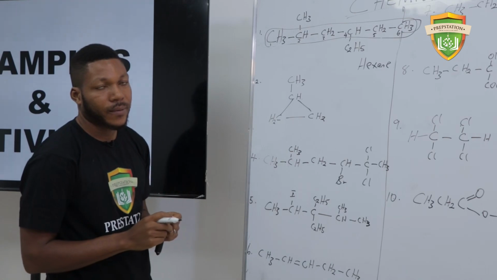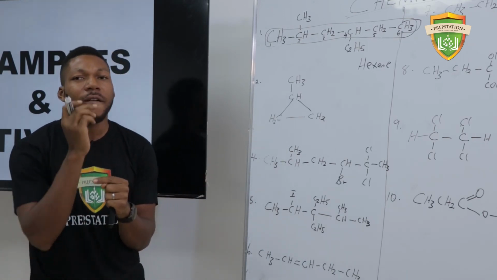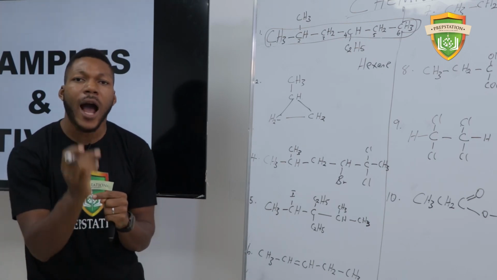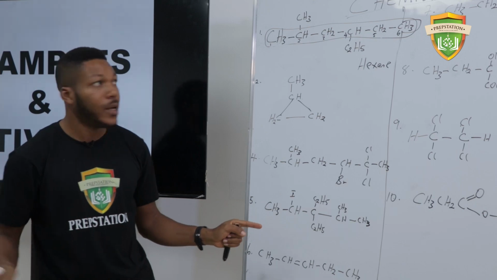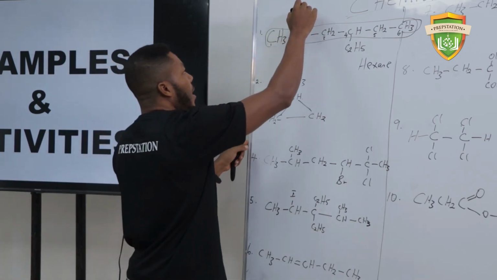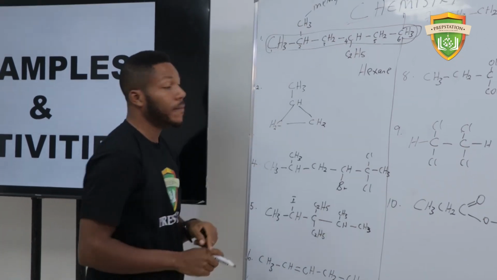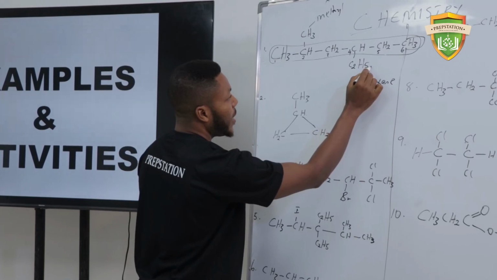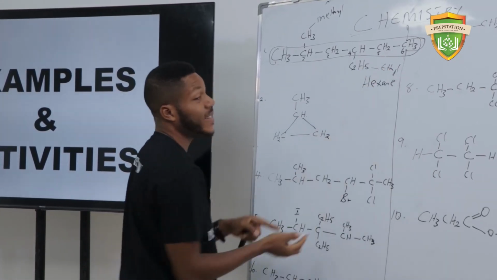Okay. Now, don't forget the rule that says you must follow alphabetical order if there are two or more substituents present in an organic compound. So we have the first one called methyl, from methane, whereas this one here is called ethyl, from ethane.